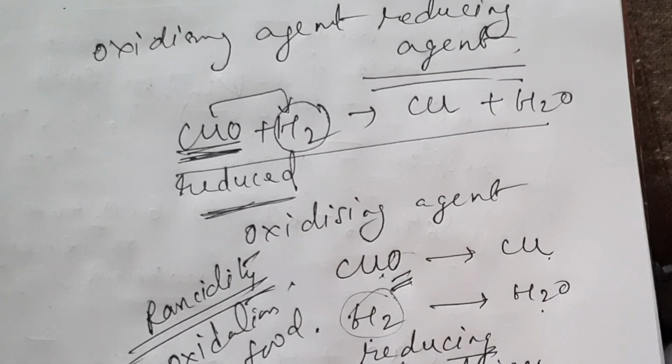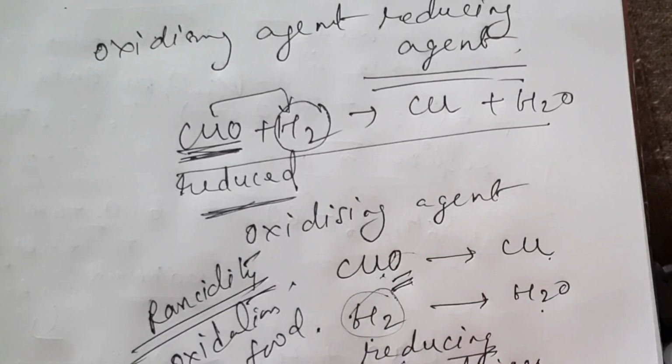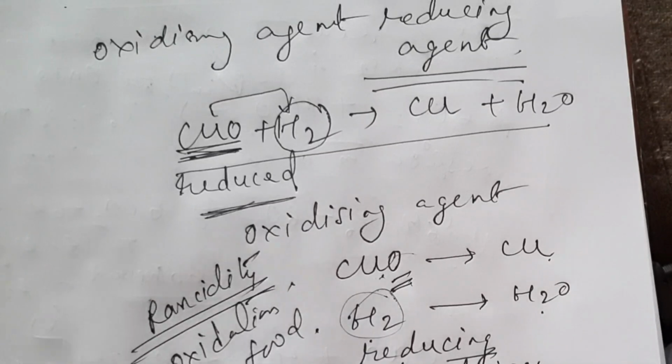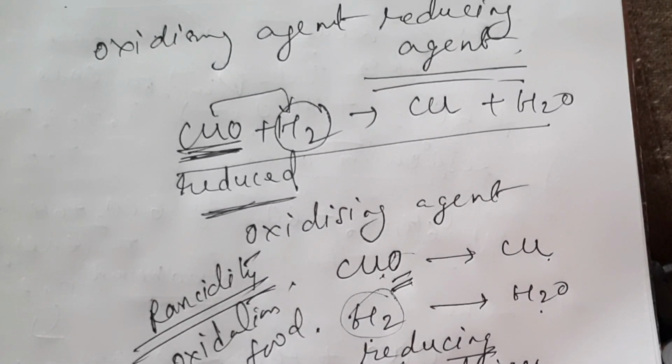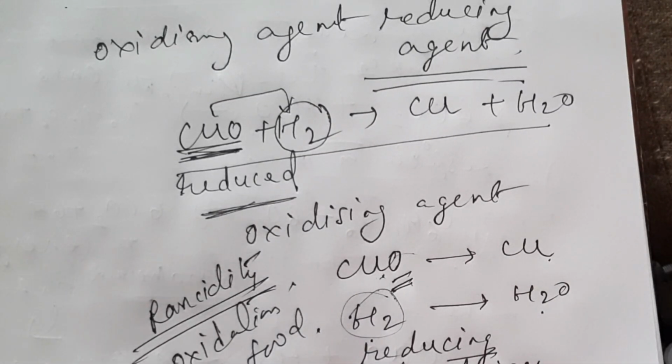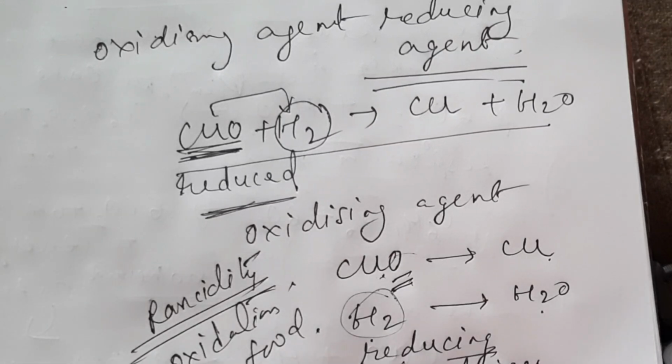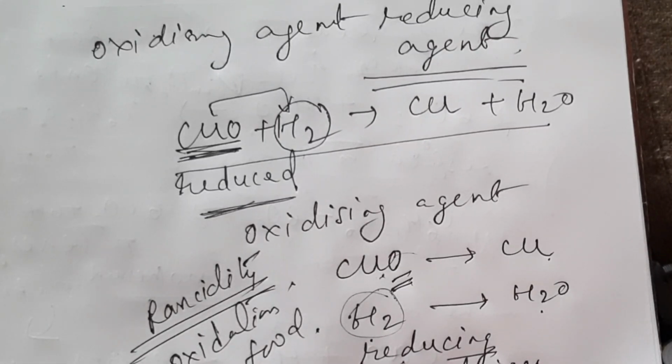And the third point, antioxidants. You can write 3 points. First one, putting the food items in an airtight container. Second, nitrogen flushing can be done. And the third one, keeping the food with antioxidants, which will avoid oxidation.